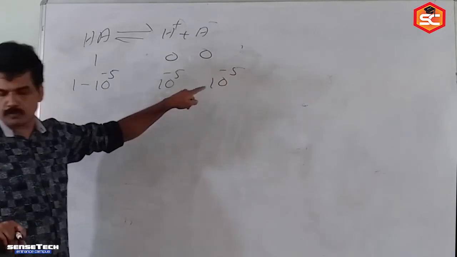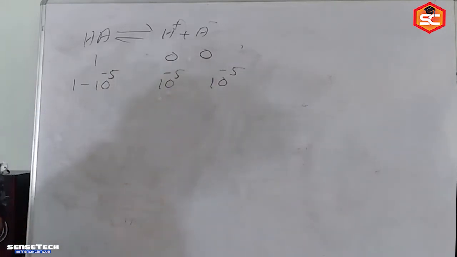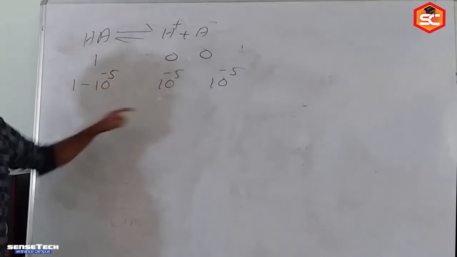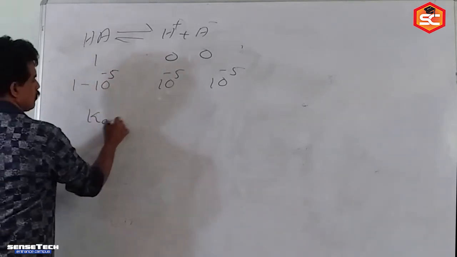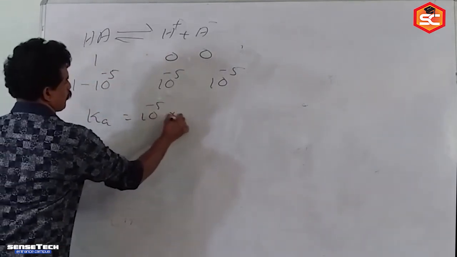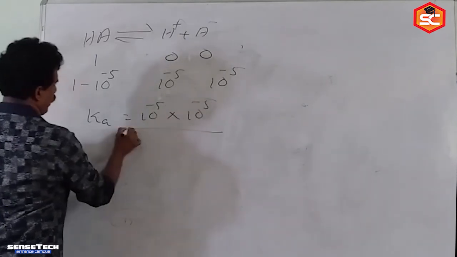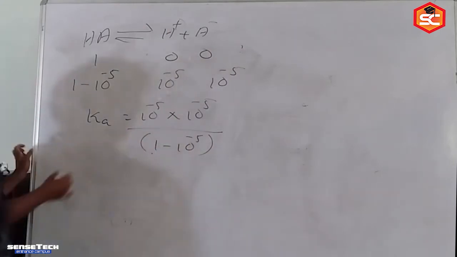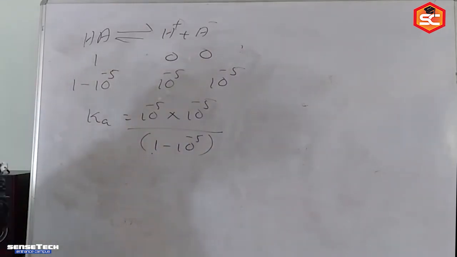10 to the power minus 5, 10 to the power minus 5. Then what is Ka? H plus into A minus by HA. 10 to the power minus 5 into 10 to the power minus 5, divided by 1 minus 10 to the power minus 5. One minus 10 to the power minus 5 means approximately 1.